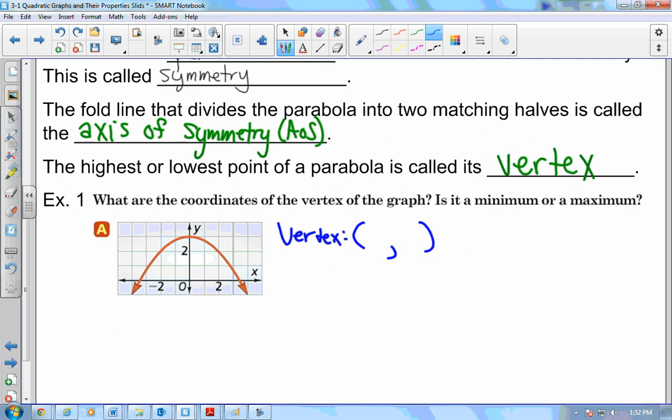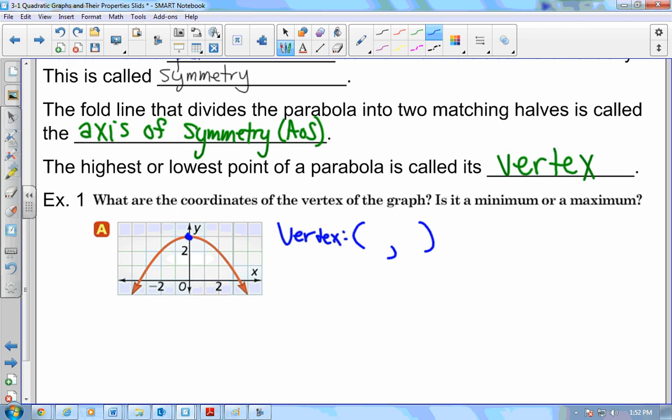So 2, 2 is right 2, up 2, right there. Is that the vertex? It has to be the highest point or the lowest point, depending if it's concave up or concave down. 0, 0, 3, okay, that means stay at the origin, go up 3. Is that the vertex? Yes.